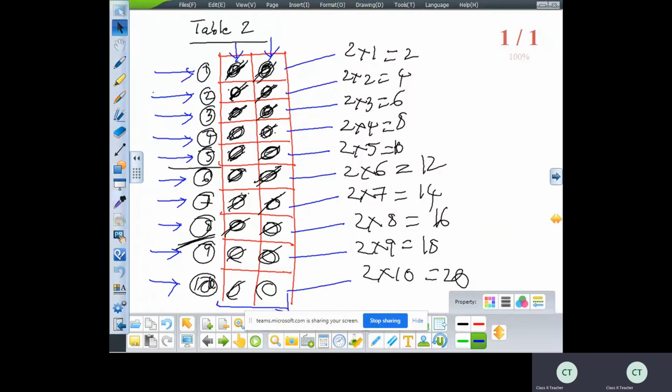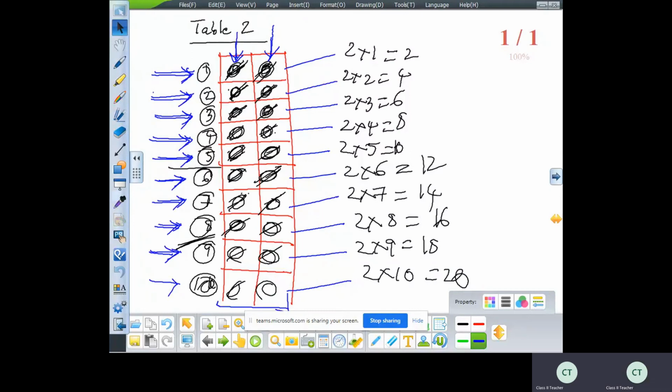Okay, children. First draw 2 vertical lines. After that take 10 horizontal lines, nothing but sleeping lines, and count the number of boxes from starting to ending with a number.